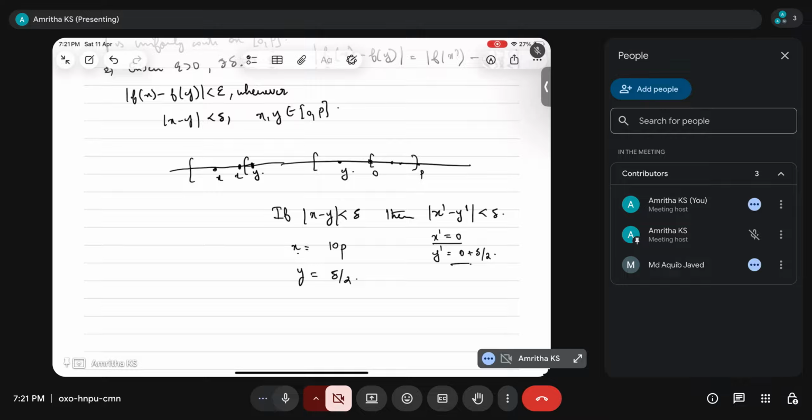Then x might go here and y might come here maybe. No, y might come here, x might go here. It may happen. Yeah, this may not be true.